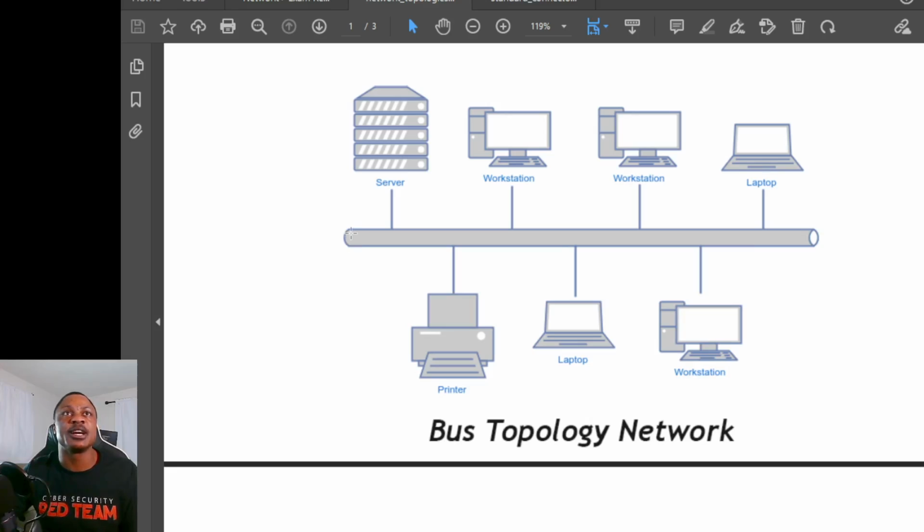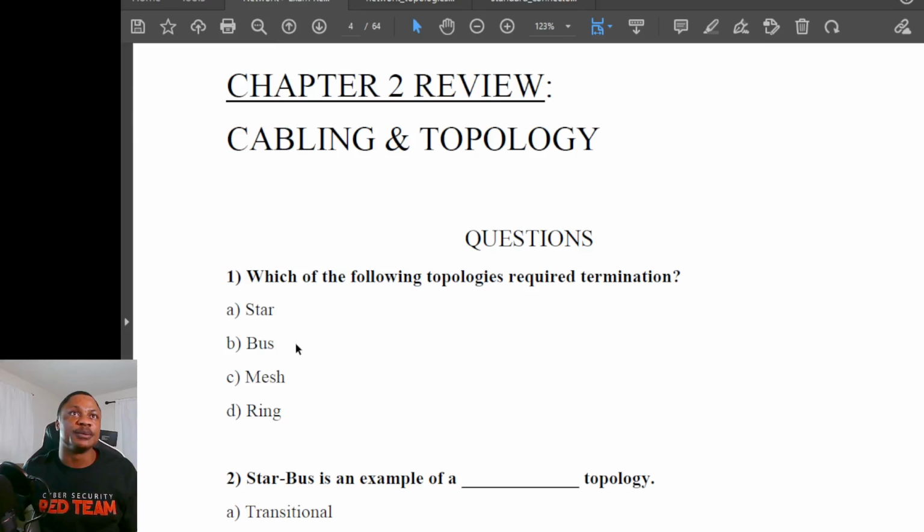If you don't put a T type of terminator in there to stop the signal, then all the nodes attached to the topology will be losing signal. That's why it requires termination at each end. So the correct answer will be bus topology.